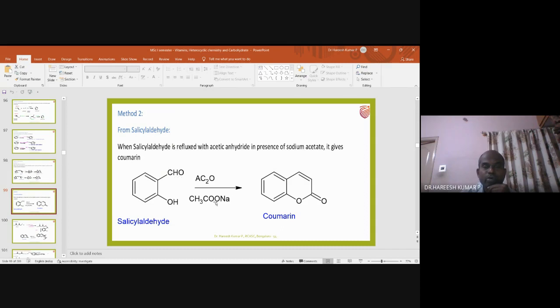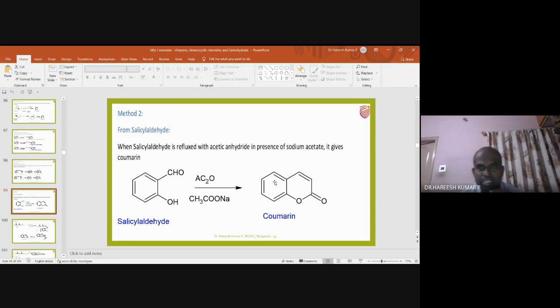OH and H will go out as water, and that means there will be a new bond formation between the CH3 of the acetic anhydride and this carbonyl carbon. Then the lone pair or the bond pair attacks the carbonyl carbon, giving rise to coumarin as the product.